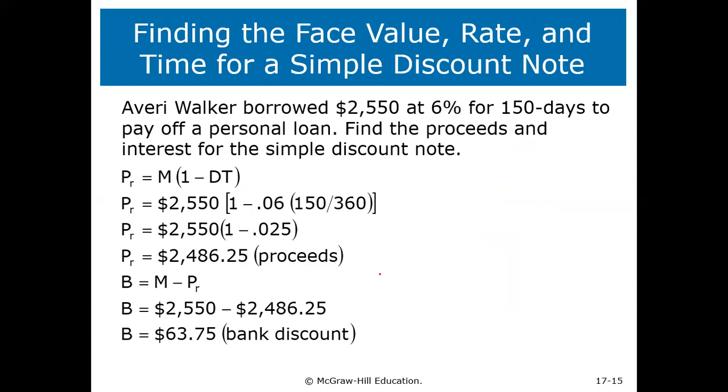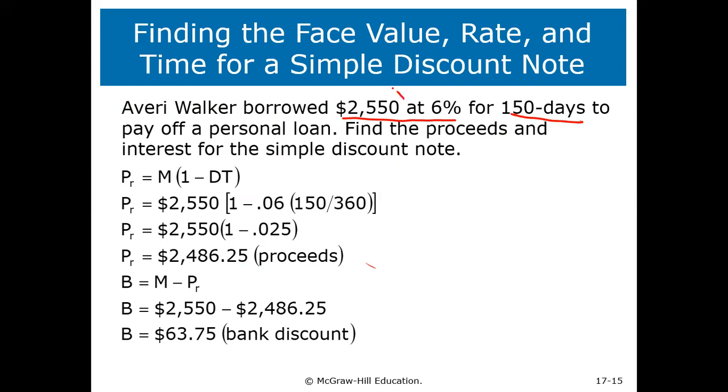Let me just start the introduction to this because it's almost time. For simple interest rate, we're quite familiar with that. For a discount rate, let's have this round of examples. So borrowed 2550 at 6%, 150 days.